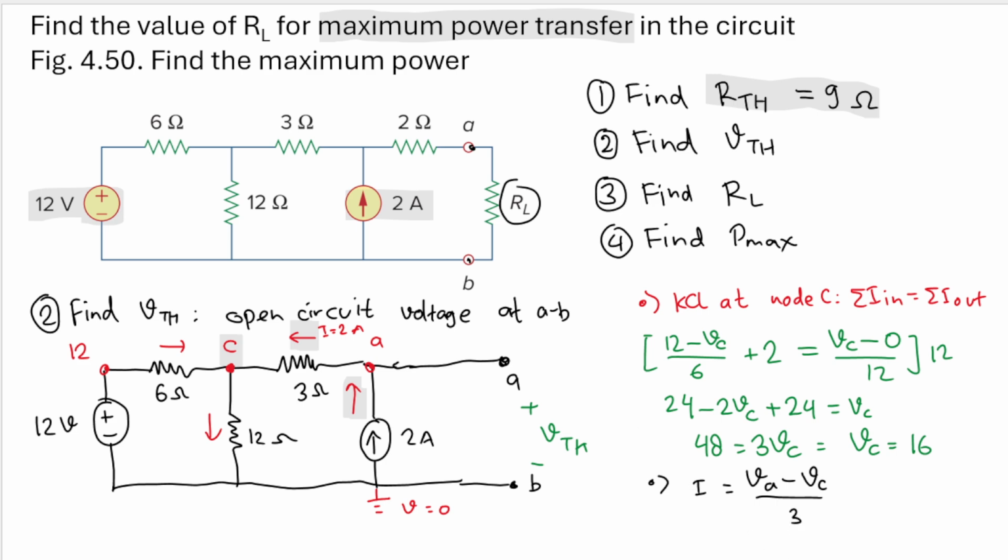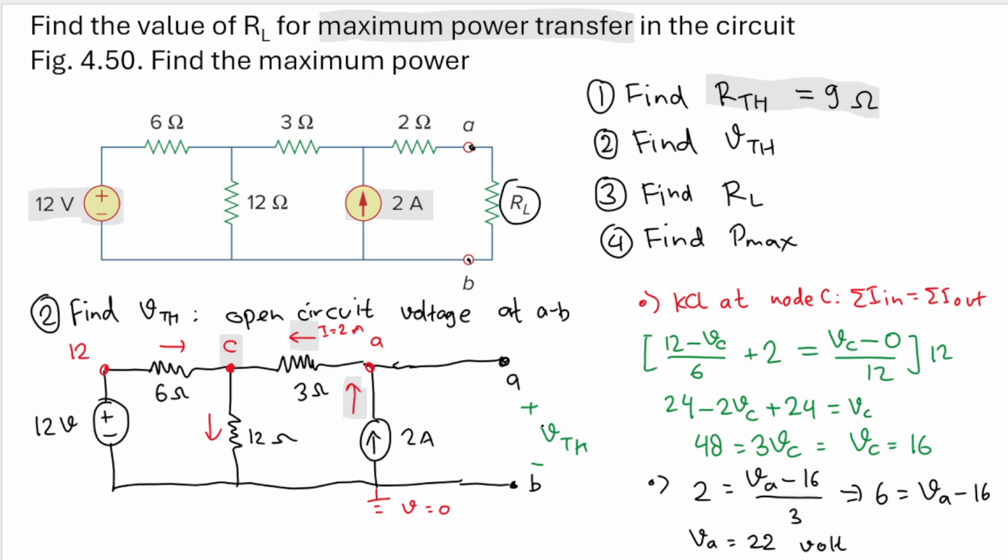But then the I here is 2 ampere, so we'll have 2 here, and we have VC equal to 16, so we'll have 16 here. And so we will have 6 equal to VA minus 16. And then we will have VA equal to 22 volt.